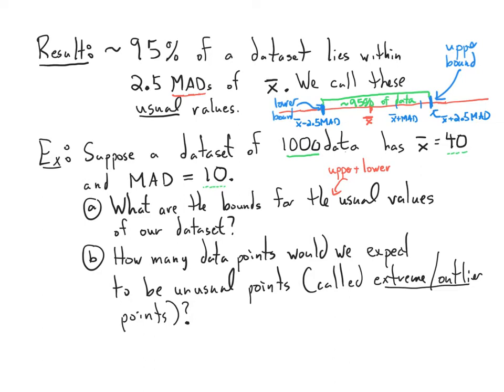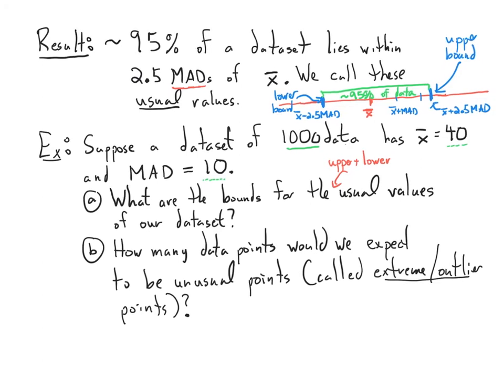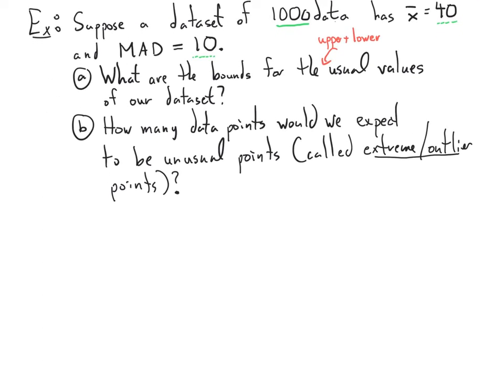Okay, so let's work this out. Let me get a little more room here. I'm just going to scroll up. So for the first one, well, we know the mean is 40. So let's calculate the upper bound first. The mean is 40. And we want to be 2.5 MADs above that. So 2.5 times the mean absolute deviation, which in this case is 10.